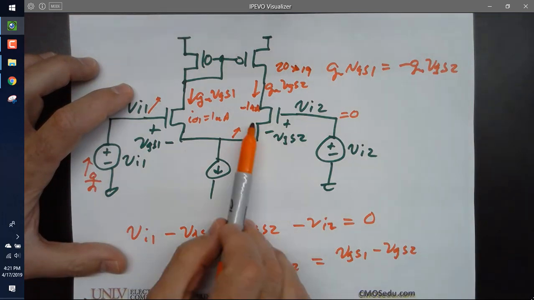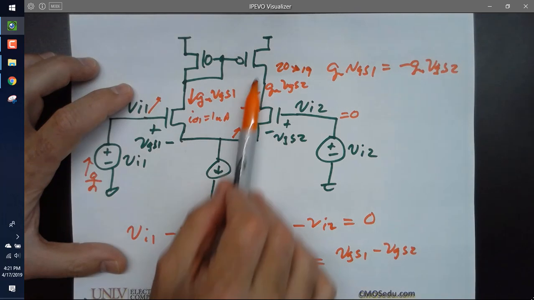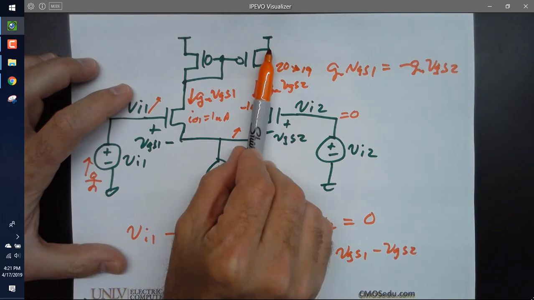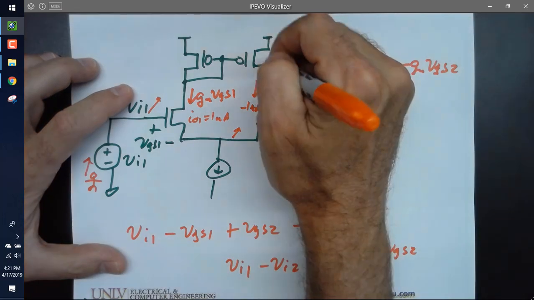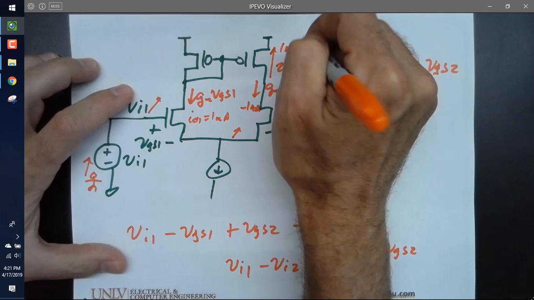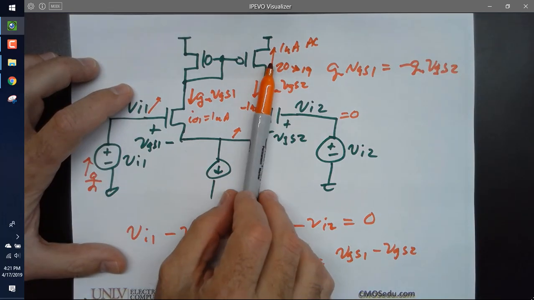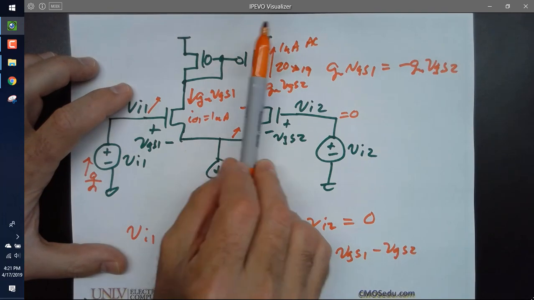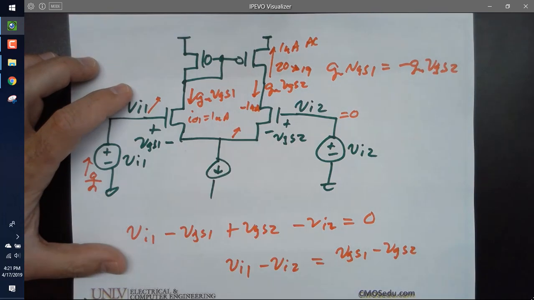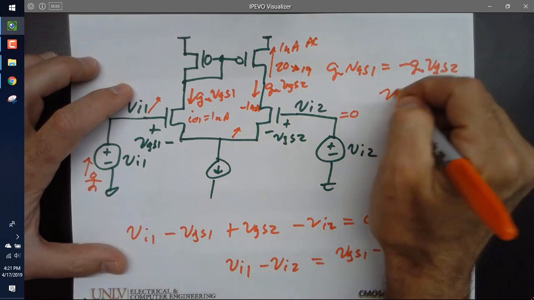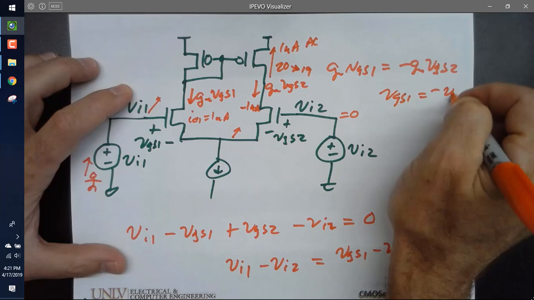So I say the AC current's minus 1 flowing down here, which means it decreases from 20 to 19, or positive 1 going this way. So I sketch and I say, oh, my AC current here is 1 microamp, but that's understood to cause the overall current to decrease, because you can't have the current flowing backwards. Everybody follow that? So this would mean VGS1 equals minus VGS2.